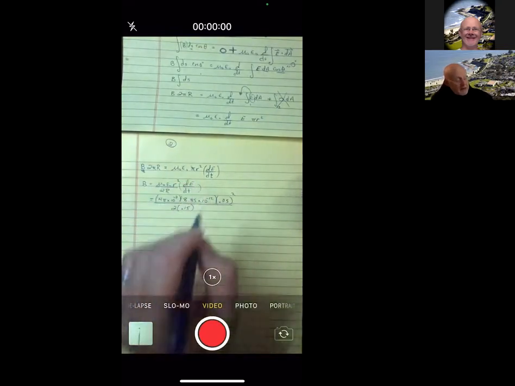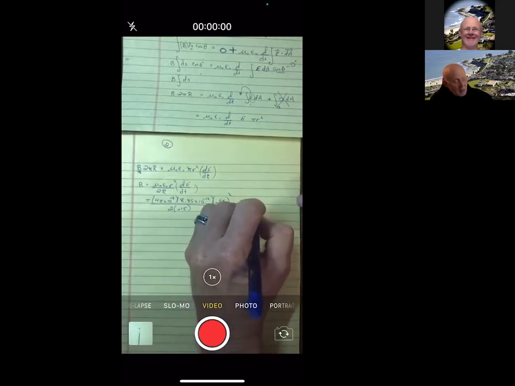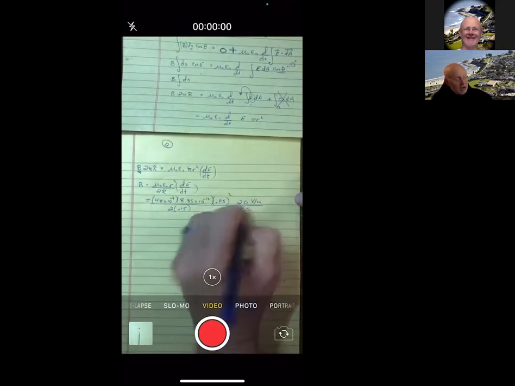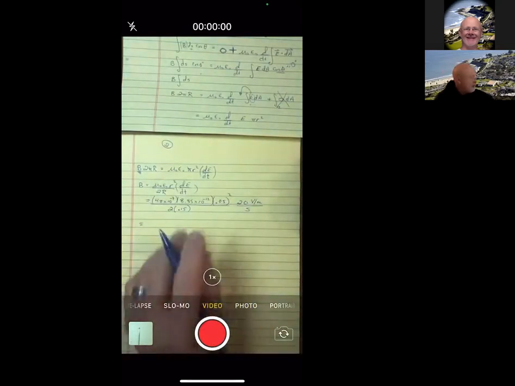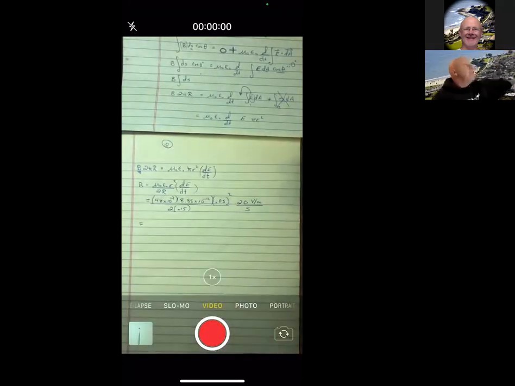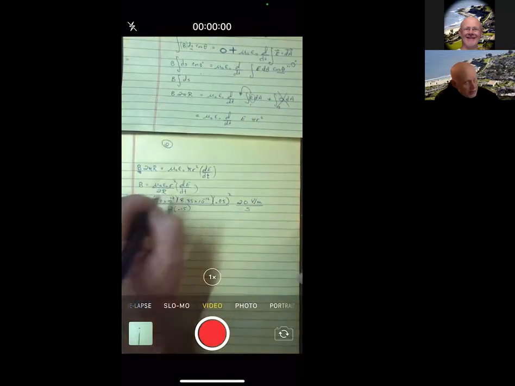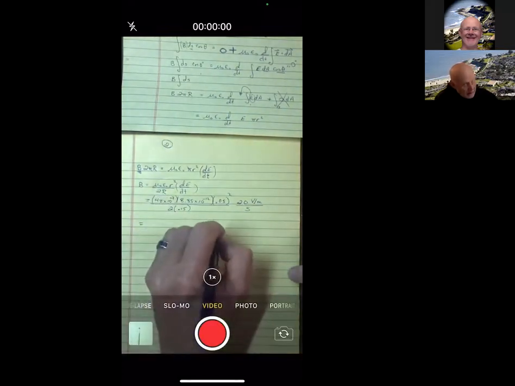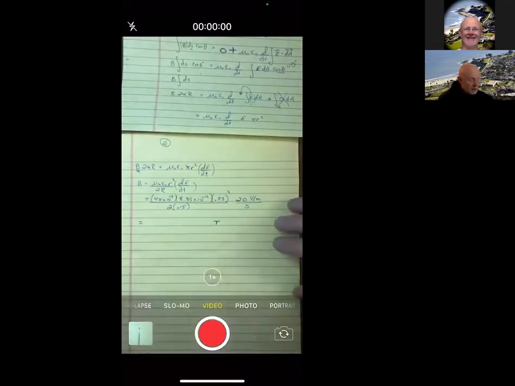And the big one here is that this is changing at a rate of 20 volts per meter each second. And so I'll do the numbers here in just a second. But we might pay a little attention to the units here and confirm that they come out to Tesla.